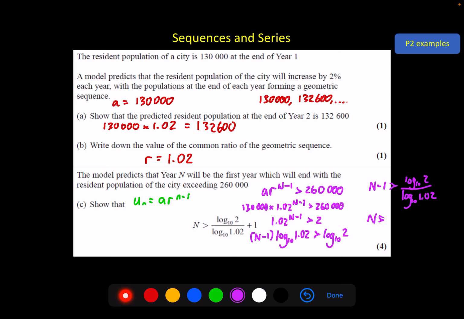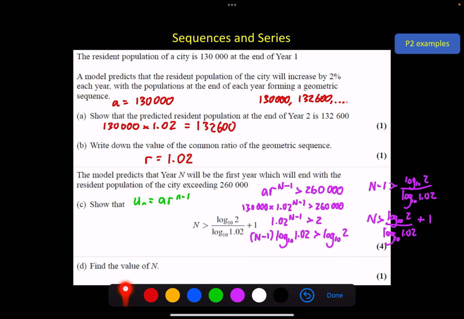Just put the 1 on the other side. And my final step of working should be the same as the thing they want, and it is.